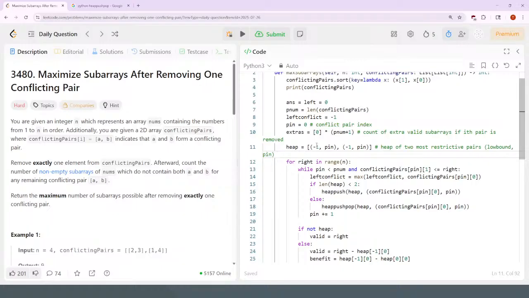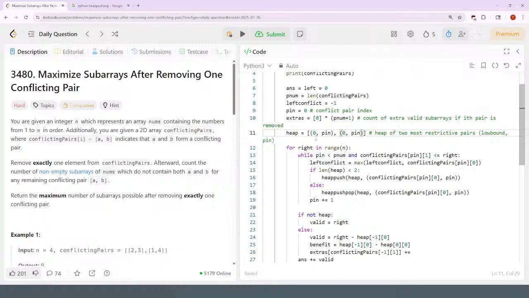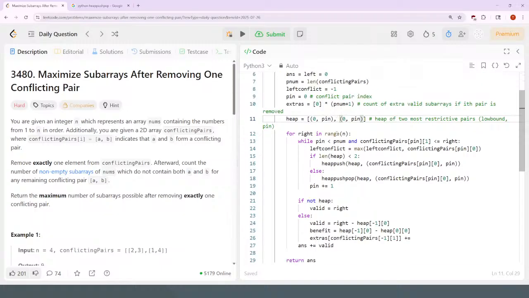So maybe these should be 0 themselves. If something is restricted at 1, that would bump this thing off, and if you remove that restriction, 1 minus 0 is 1, so there's an extra benefit of 1. Okay, I think that's right.